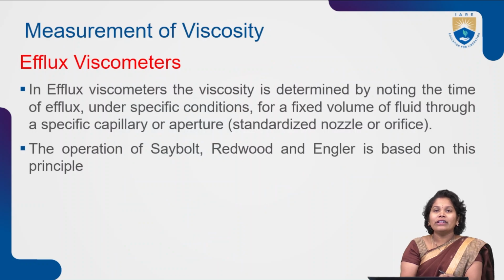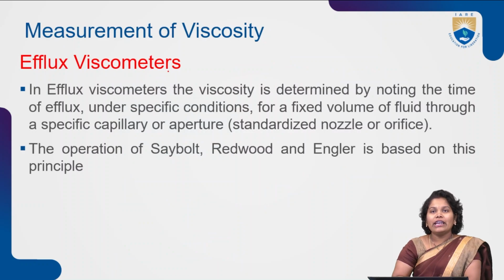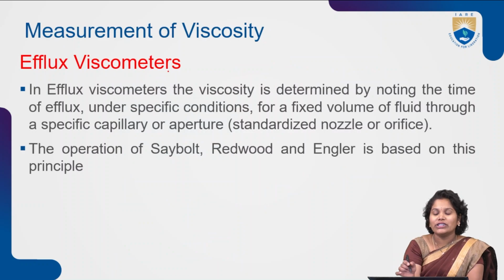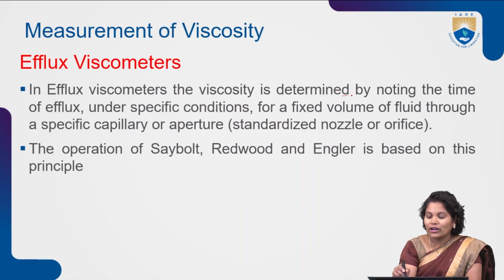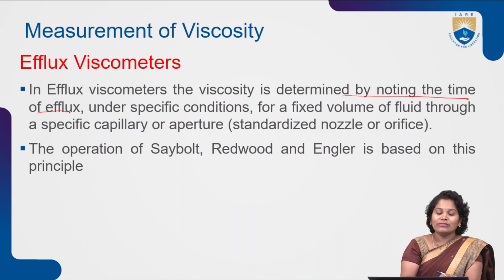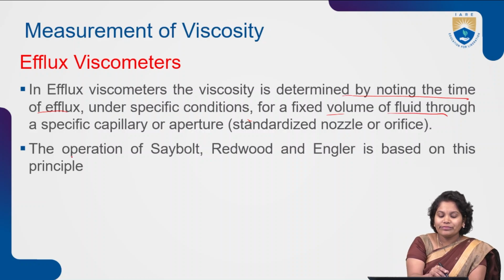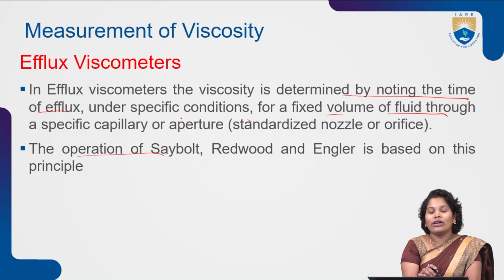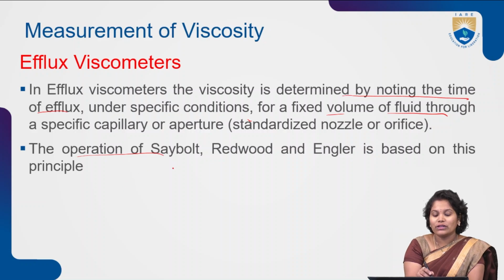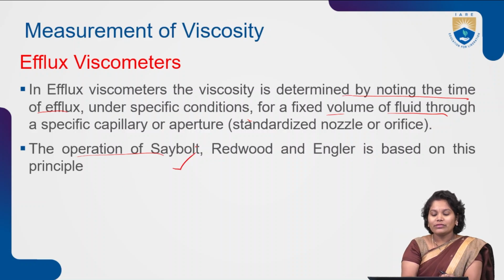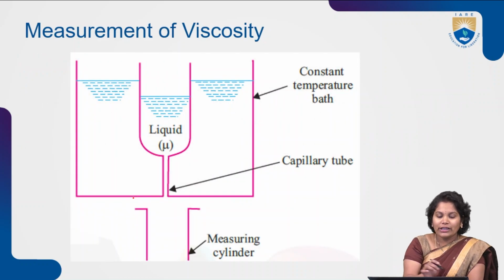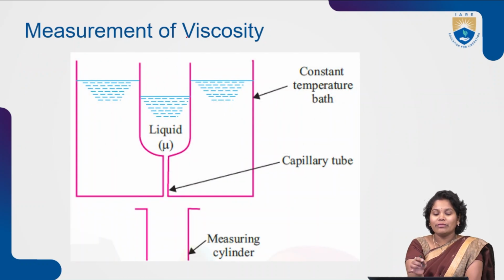And here another method, the Flow Viscometer. In the flow viscometer, the viscosity is determined by noting the time of flow under specific conditions for a fixed volume of the fluid. We also call it the Saybolt viscometer, and Redwood and Engler are based on the same principle. Here is the experimental setup.